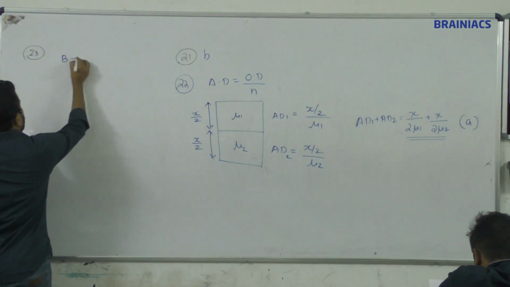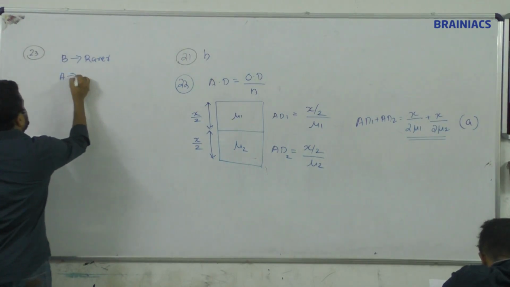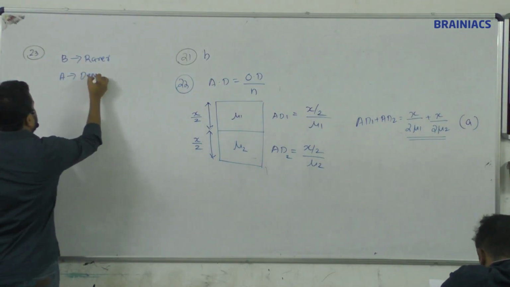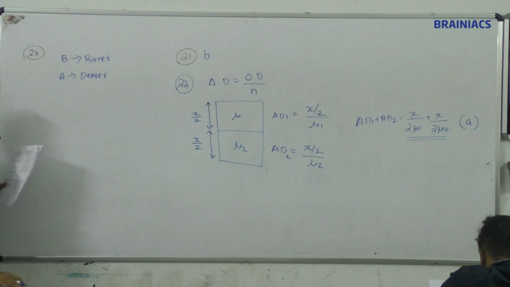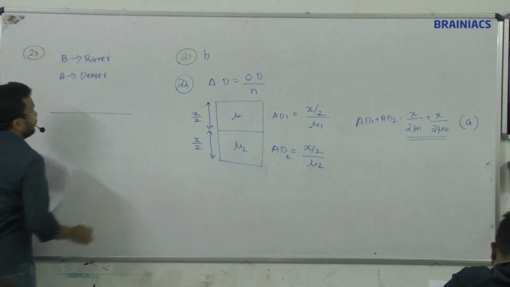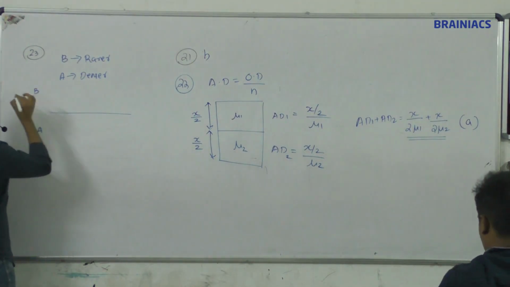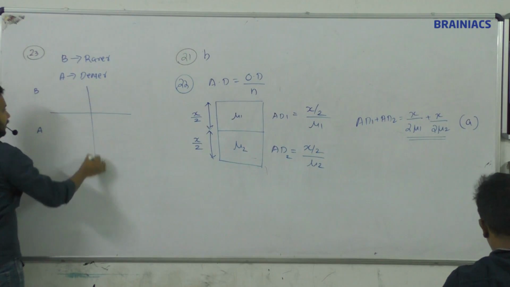So here B is a rarer medium and A is a denser medium. To have total internal reflection or the critical angle concept, a ray should travel from where to where? Denser to rarer. The ray travels from A to B.